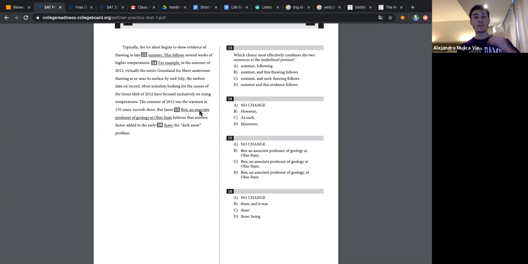So before, we're talking about thawing in late summer, right? And then we're talking about thawing by mid-July, which is reasonably early summer. So we can discard "for example," because the following sentence is not an example of what we're talking about before.